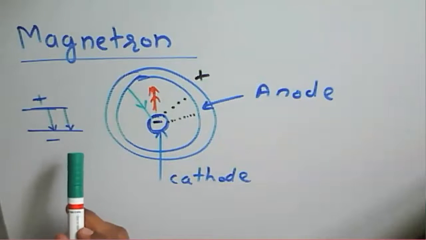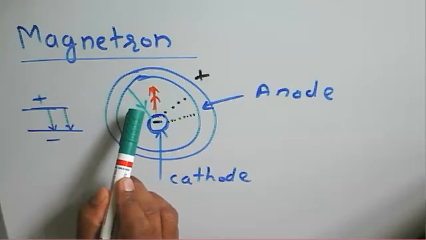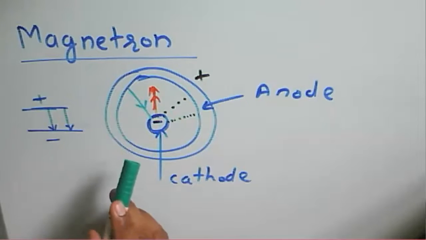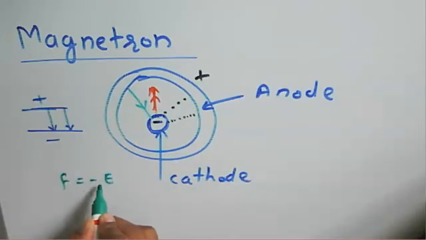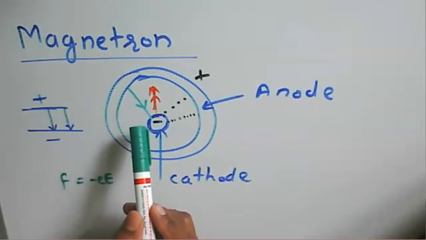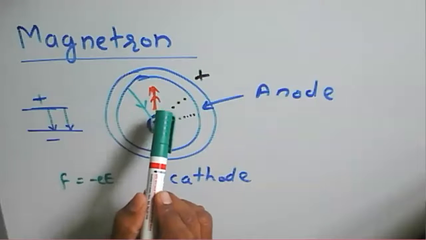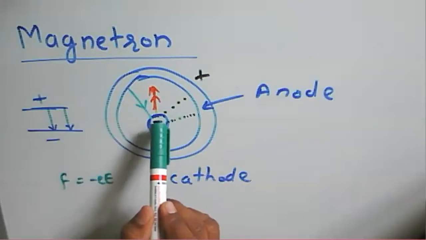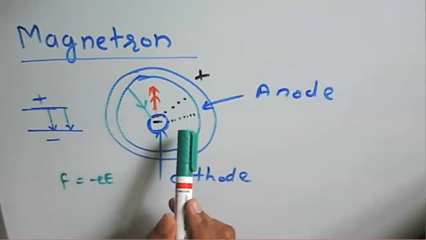So the force exerted by an electric field on an electron is proportional to the strength of the field. We have seen earlier that F is equal to minus e times E. That is the force exerted by an electric field on an electron, because electrons come out from this cathode and pass toward this anode in this interaction region.